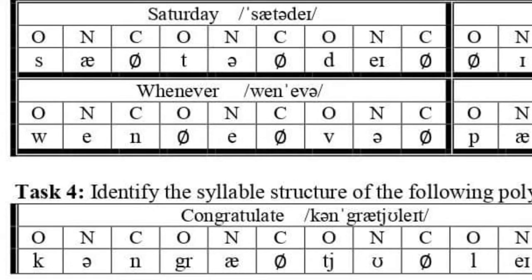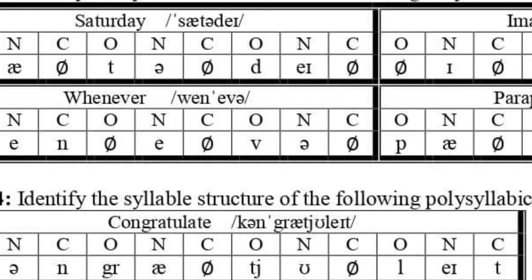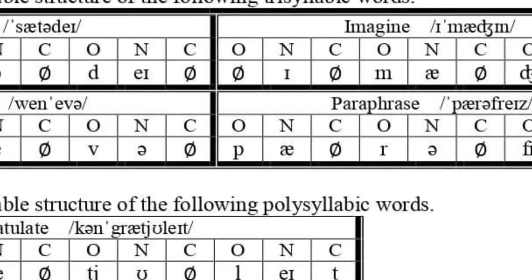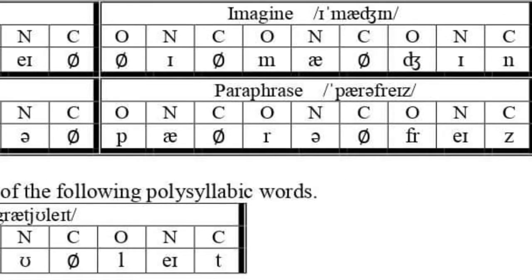The second syllable, the onset is 0 onset, the nucleus is the vowel e, and the coda is 0 coda. The third syllable, the onset is v, the nucleus is the schwa, and the coda is 0 coda. Whenever. The fourth word, which is the word paraphrase.